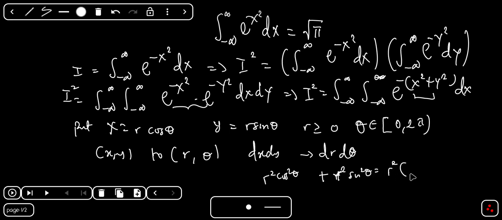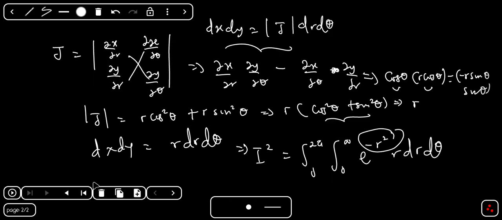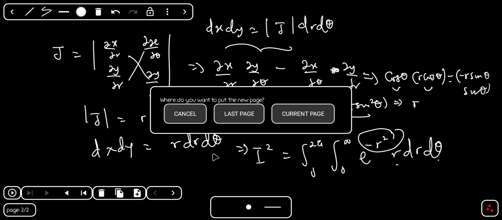That will be r squared times the bracket cos squared theta plus sine squared theta, and cos squared theta plus sine squared theta will give us 1. So we have r squared. That is how we have this r squared right here. Okay, then our dx dy is r dr d theta. Do you understand now? So that is beautiful. So let's move on, guys. We are almost done. So let's move to the new page.